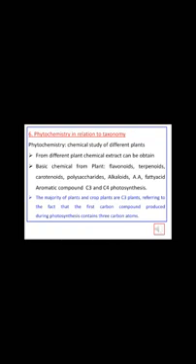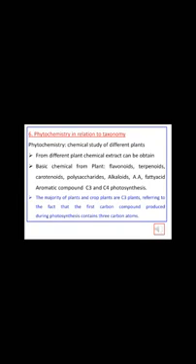Now, what about C4 photosynthesis or C4 photosynthetic plants? C4 photosynthesis occurs in mesophyll plus bundle sheath cells. These plants can be found in dry regions. 5% of the green plants are C4 plants.